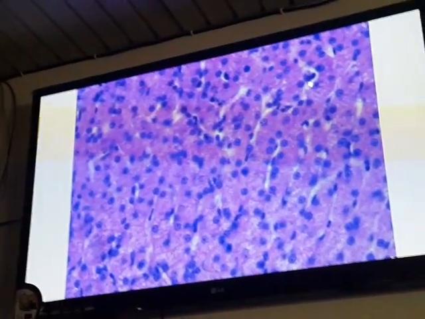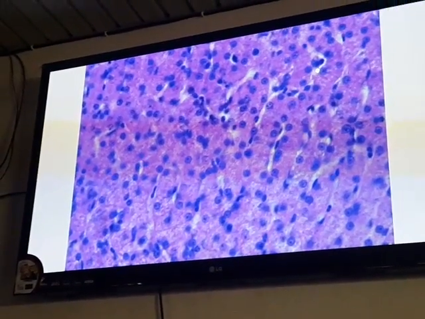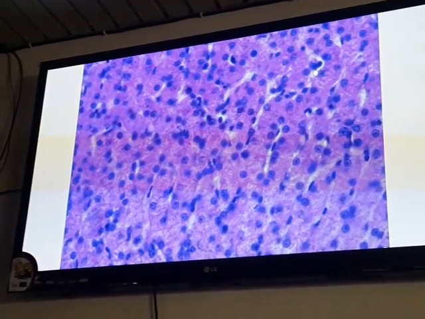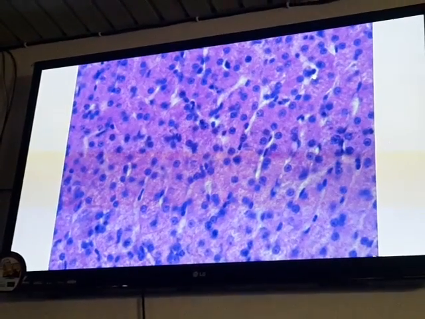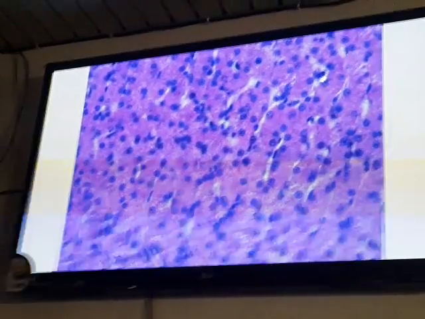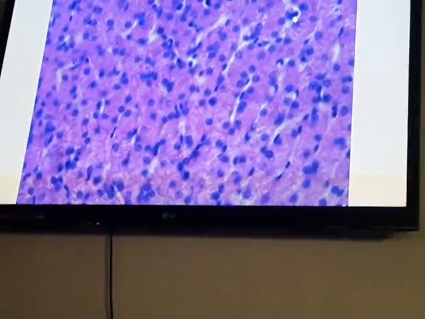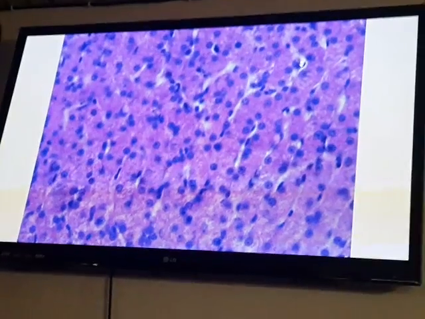Within sinusoids we have another type of cell called Kupffer cells. These cells are macrophages found within the sinusoids. These cells are irregular in shape, found within the liver sinusoids.